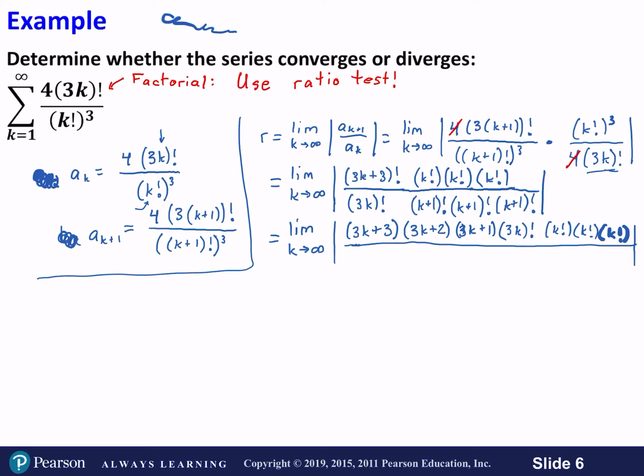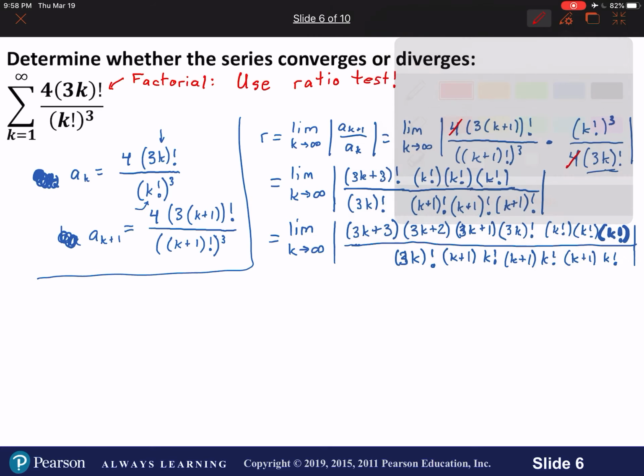Alright, and so we have a (3k)! on bottom, and we also have (k+1)! multiplied by itself 3 times. So each one of those could be decomposed into k+1 times k factorial, k+1 times k factorial, and k+1 times k factorial.